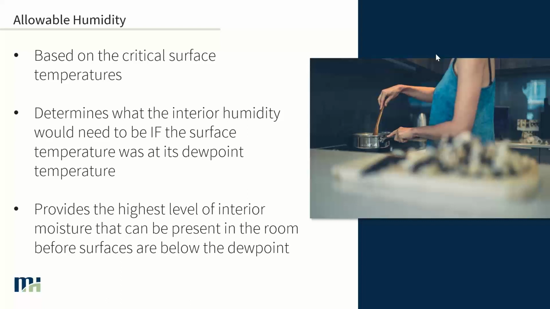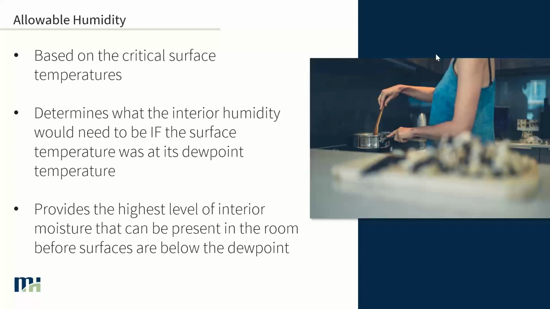Potentially that goes back to the mechanical design. What we can do, though, is find out from these condensation analyses, knowing how much humidity impacts the formation of condensation, the maximum allowable humidity on the interior before we get condensation. That's based on those critical surface temperatures that we've identified.